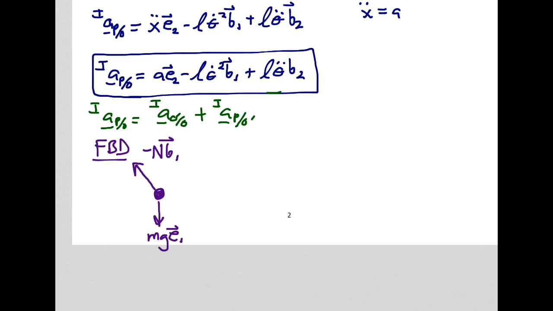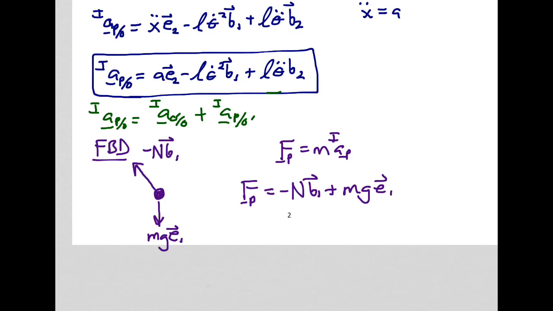So our forces on the particle, because we're going to apply Newton's second law, Fp is equal to m AP in the inertial reference frame. The forces on the particle are equal to negative n in the B1 direction plus mg in the E1 direction.